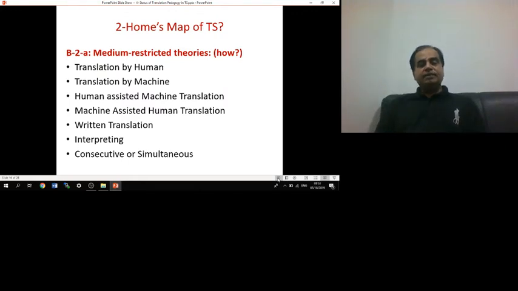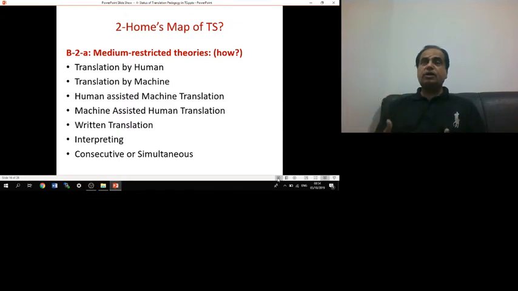This is medium restricted theories of translation studies. When we say medium, we are talking about the means, or we are trying to answer the question of how this text was translated. Was it translated by a human being? Was it translated by a machine?